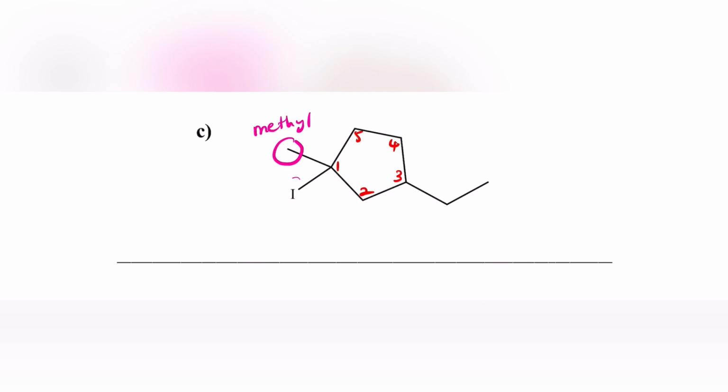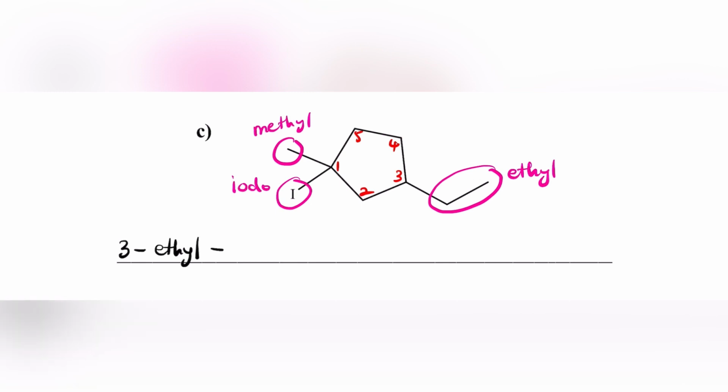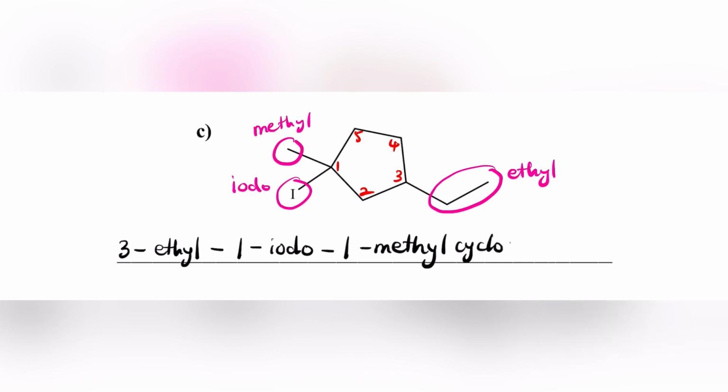This one is iodo, and this one is ethyl. So arrange them in alphabetical order. So I have 3-ethyl, and then 1-iodo, and then 1-methyl, and then my parent will be cyclopentane. So this is the name for structure C.